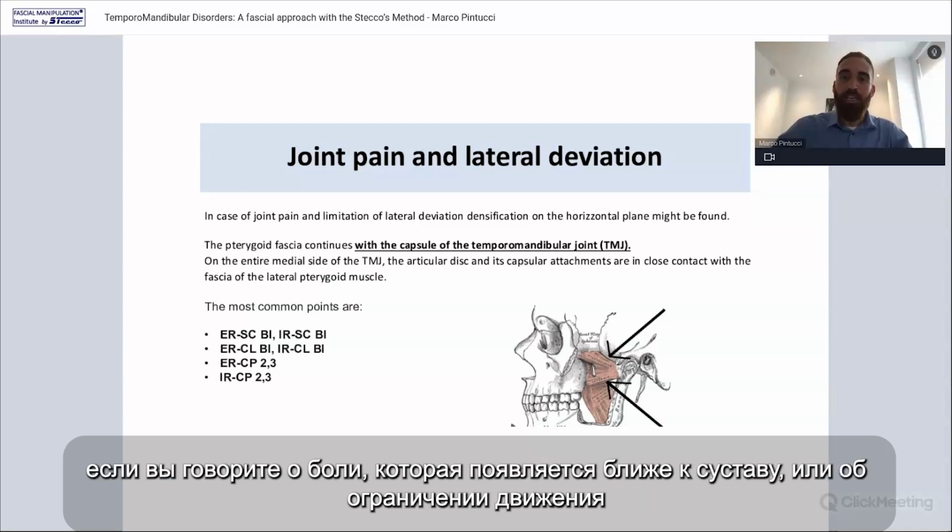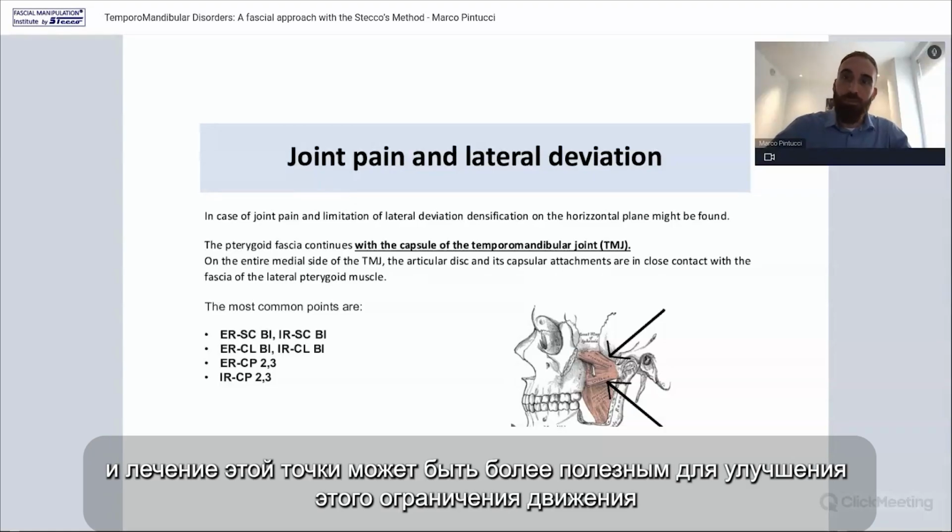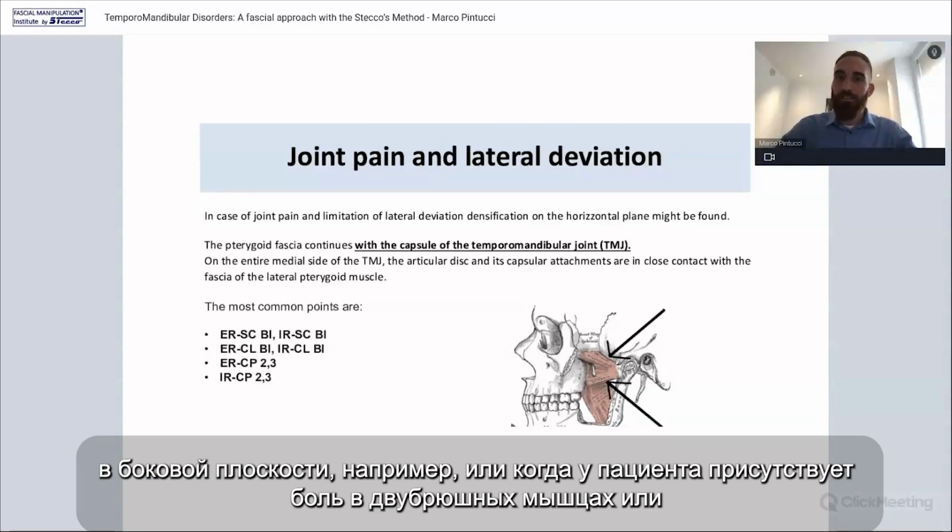For example, if you're talking about pain that appears closer to the joint, or limitation of the movement of lateral deviation, probably the horizontal plane could be more common to be found, and also the treatment of this point could be more helpful to improve this limitation of motion in the lateral deviation.